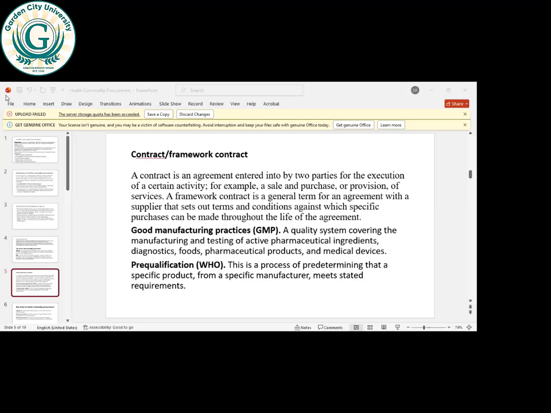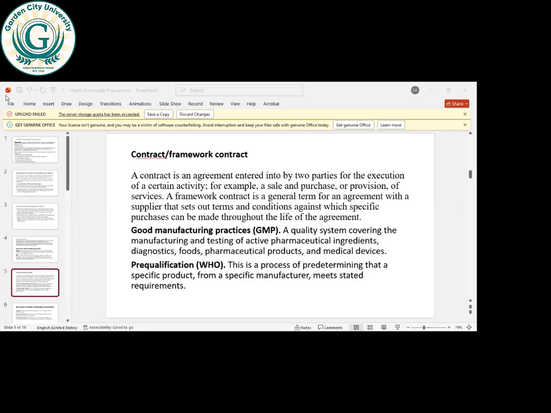Sometimes in countries such as ours, we do not have the technical know-how, we do not have the right equipment to test. That is why we have a lot of counterfeit drugs in our system. So before you buy, you check from the World Health Organization. That's what we call pre-qualification.